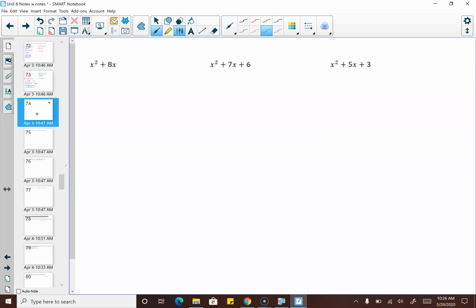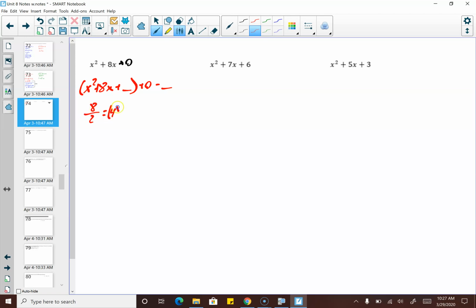X squared plus 8x. Now it looks weird because normally we should have something at the end. So if there's nothing there, what is it really? It's plus 0. So we've got x squared plus 8x plus a line, and then we're plus 0 minus a line. Now, do you have to put the plus 0 in? No, it's just kind of a placeholder to make everything look a little bit more familiar.